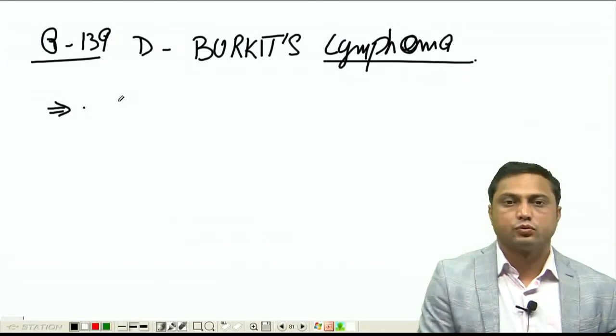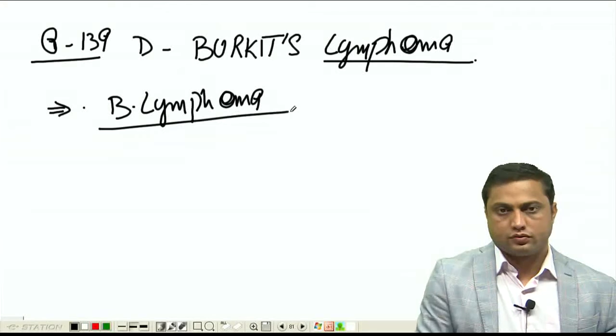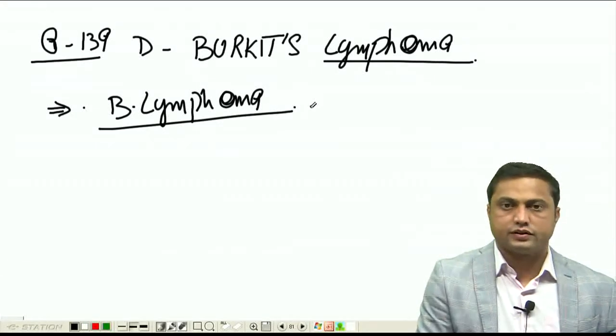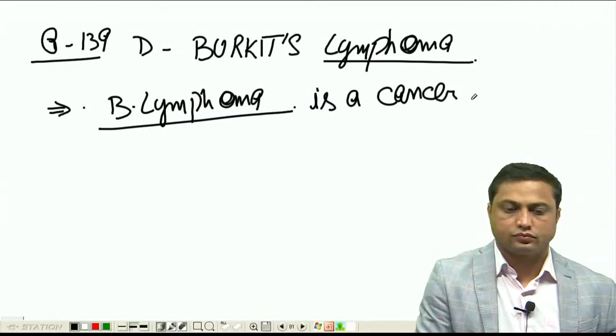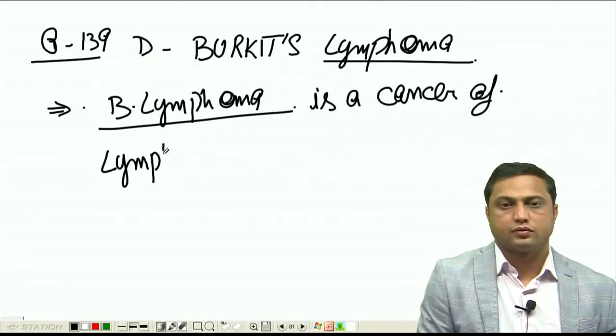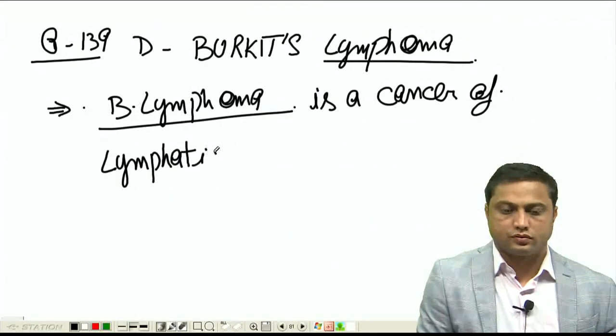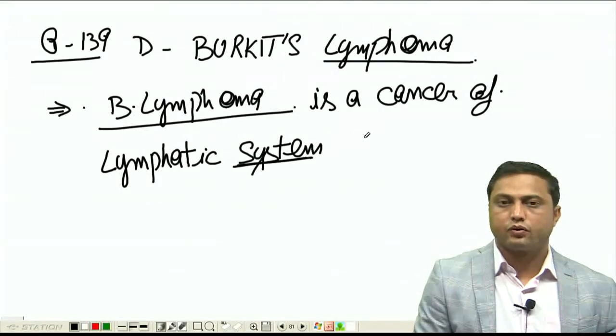What is Burkitt's lymphoma? Burkitt's lymphoma is a cancer of the lymphatic system, in particular B lymphocytes.